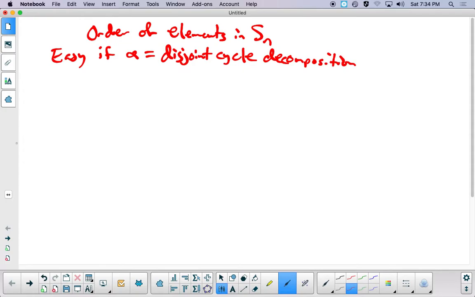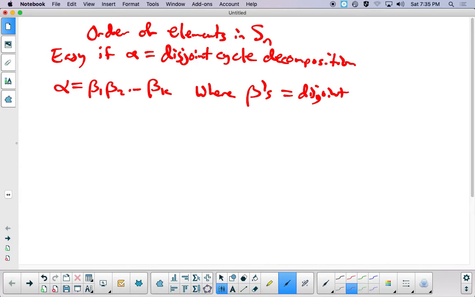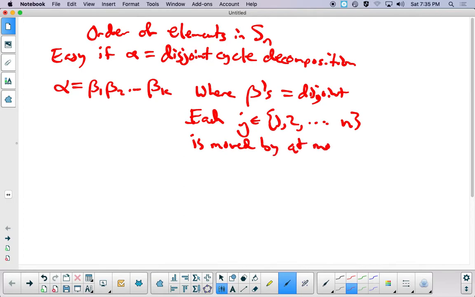In other words, we're going to let alpha equal beta 1, beta 2, all the way up to beta k, where the beta i's are disjoint cycles. And what that means is that each j inside the set 1, 2, all the way up to n is moved by at most one of the betas.